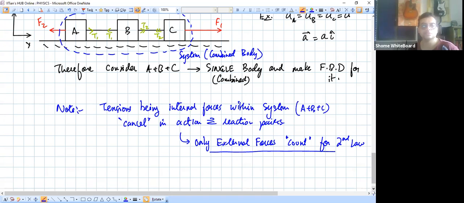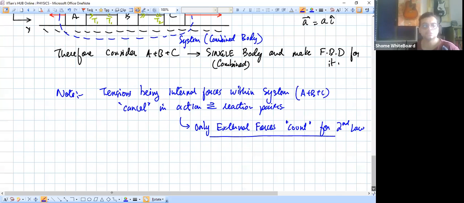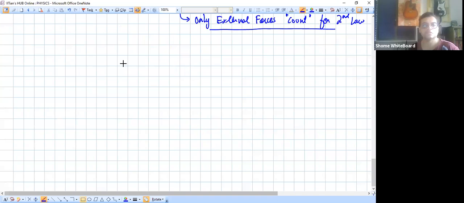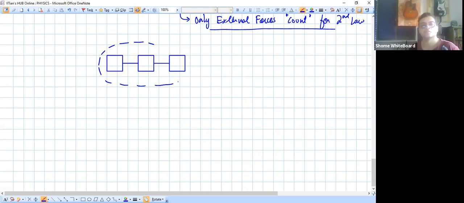So what we are doing is now we are considering this whole thing as one system, a combined body of total mass 3m, combined body A plus B plus C.